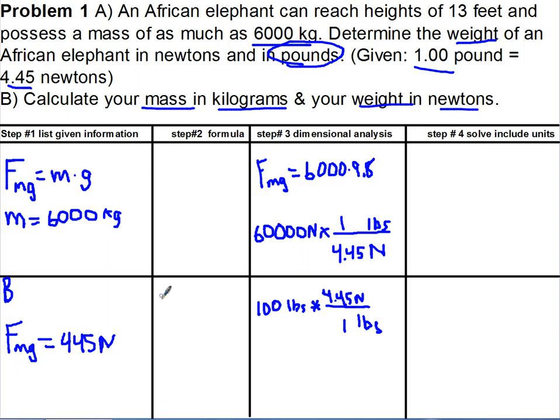So I'm going to take the force mg, divide out the g, and that'll give me the mass. Alright, that cancels out the g, that leaves me the mass. So I'll take 445, divide by 9.8, and that's going to give me the mass. And you know it's going to be somewhere around 45 kilograms or something like that. You can do that math and figure that out on your own while I move on to question 2.